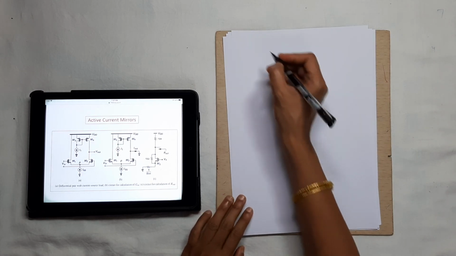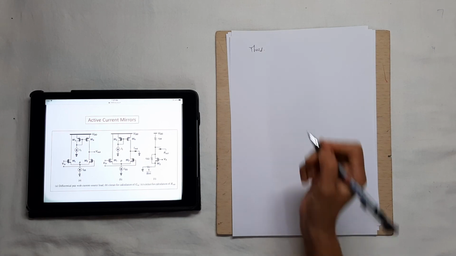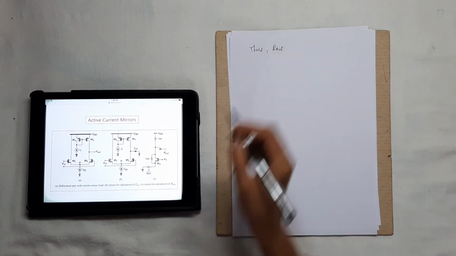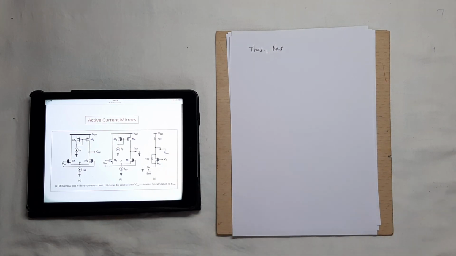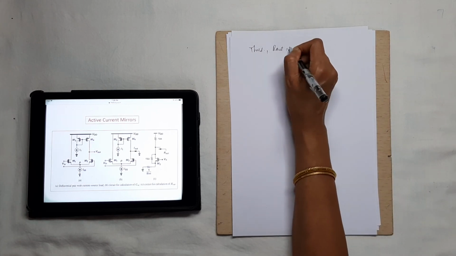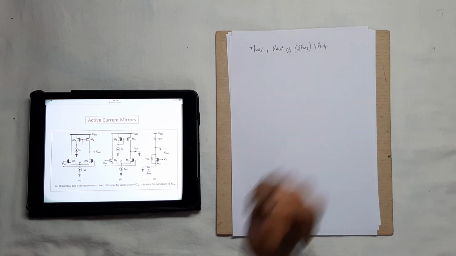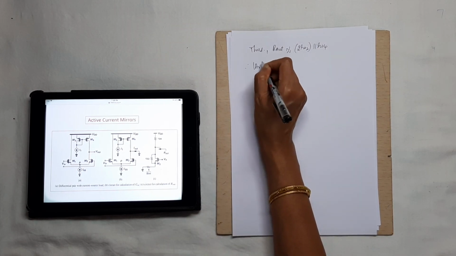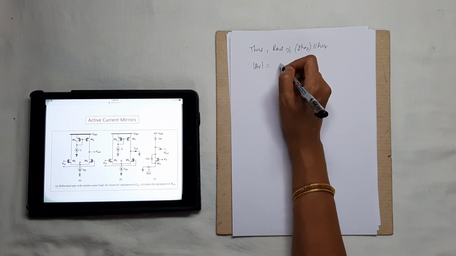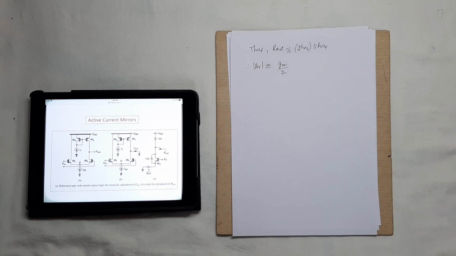Thus, the total output resistance of this final circuit we need to find out. This output resistance is given as R out nearly equal to 2 RO2 parallel to RO4. Therefore, AV is nearly equal to GM1 by 2.